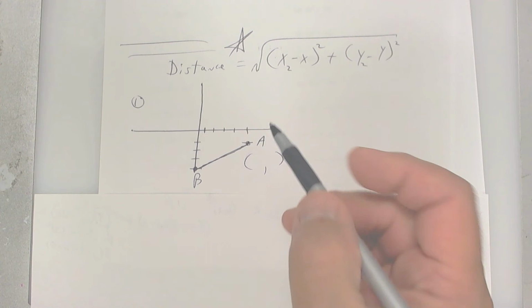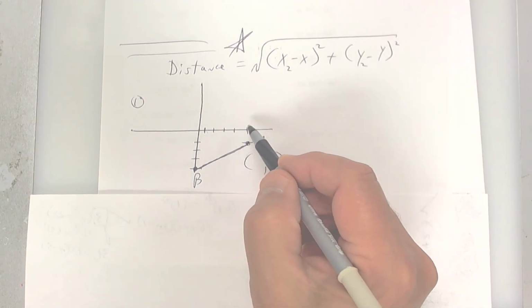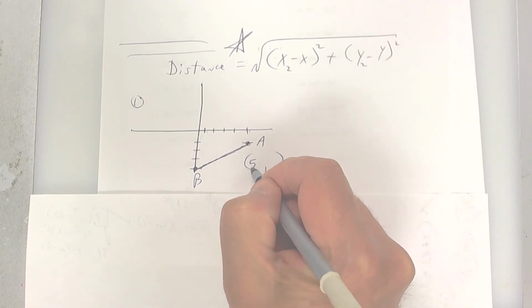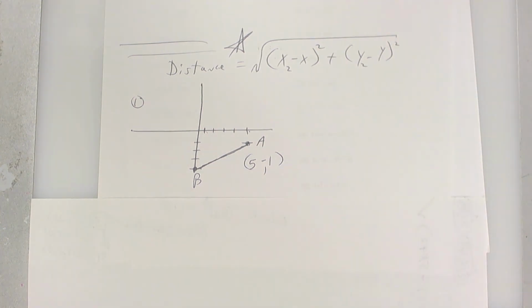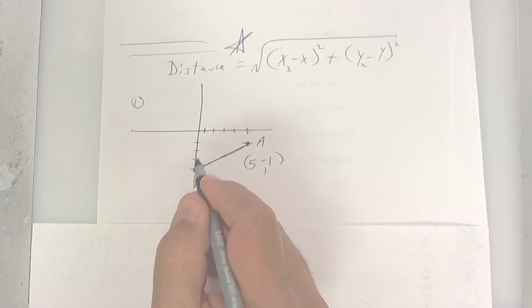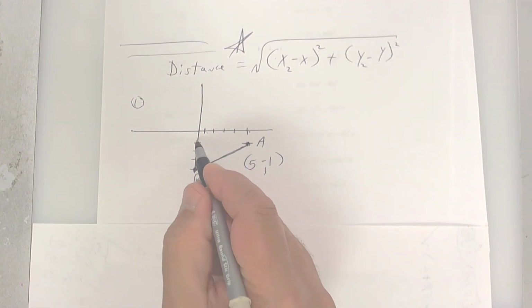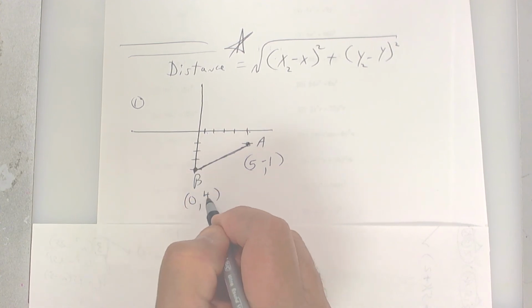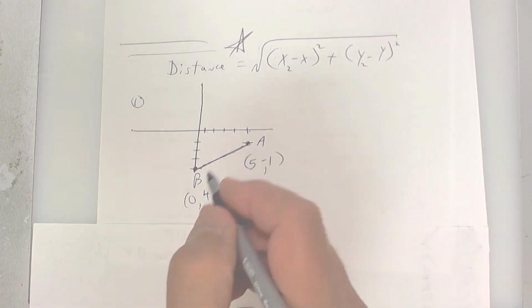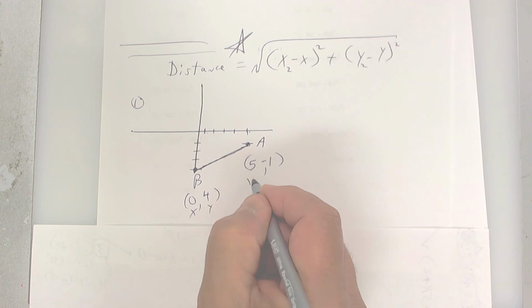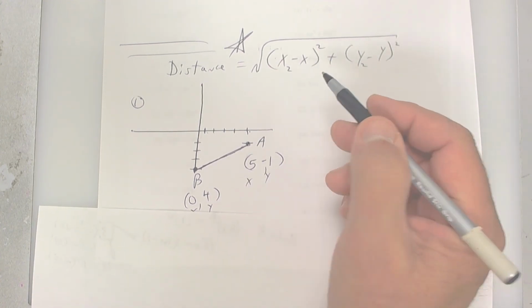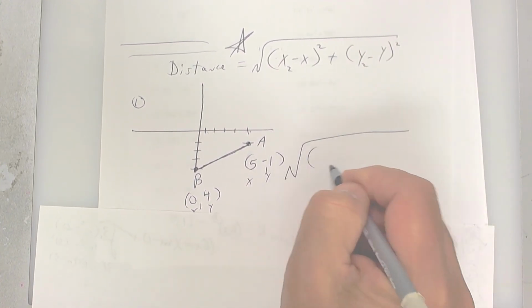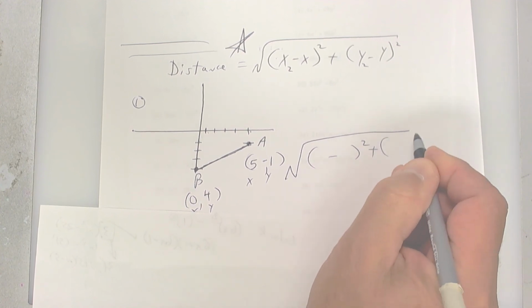So this one is over 1, 2, 3, 4, 5, down 1. So 5, down 1. This one is over 0, but down 1, 2, 3, 4. Remember it's xy, xy, so your x's go in the first one. I want you to write it just like this right now.